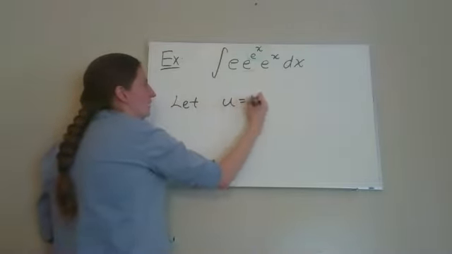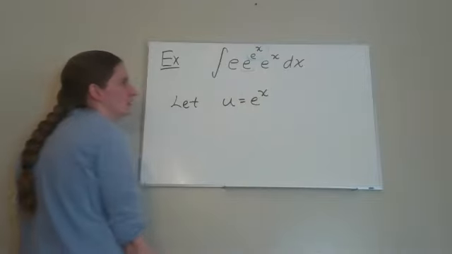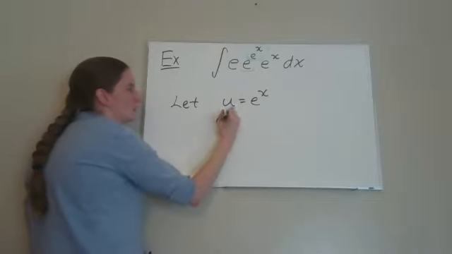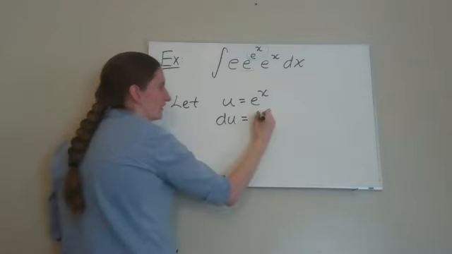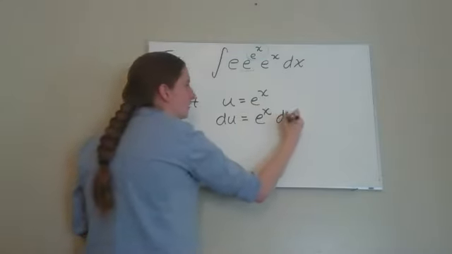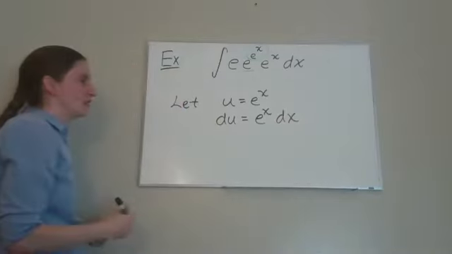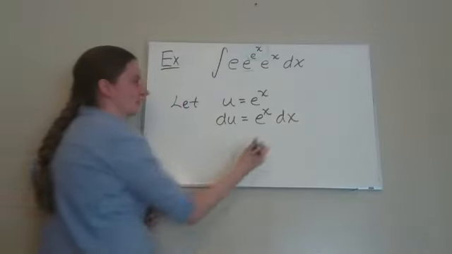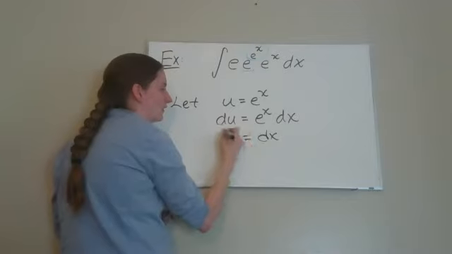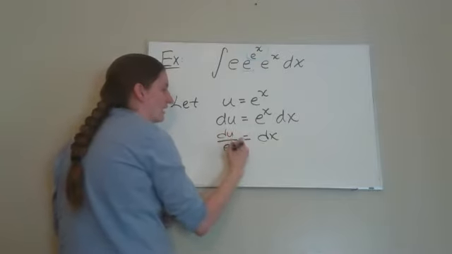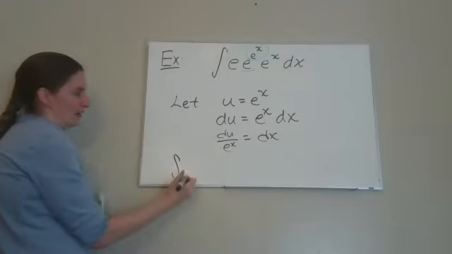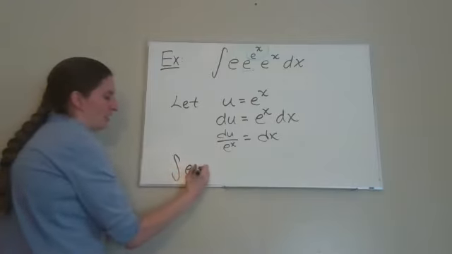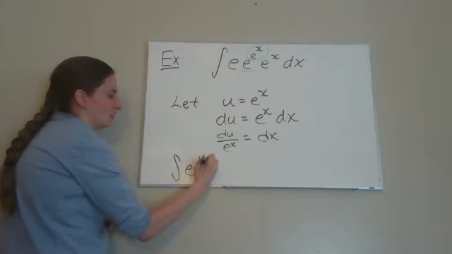Let u equal e to the x. Well, then what's du? Well, the derivative of e to the x is itself. So du is e to the x dx. And so dx is du over e to the x. Now, when I rewrite my problem, I have e times e to the u.